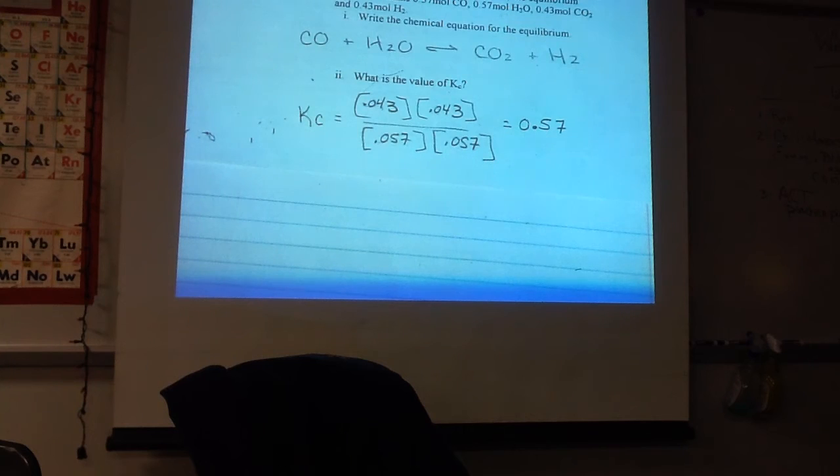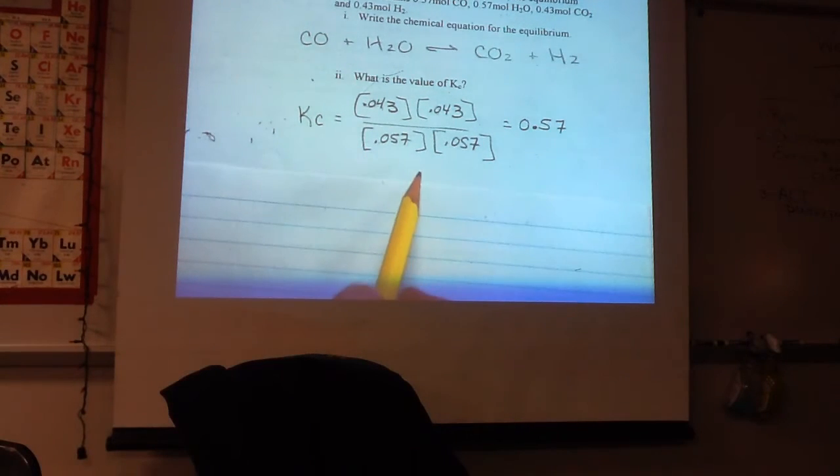No. Rate and equilibrium constants are not the same. This is a ratio of quantity. It's not about how fast or slow you get there. It means once you get to equilibrium, what can you expect if you could look inside it? What could you expect in terms of the quantity of product to reactant ratio? That's all that K is.